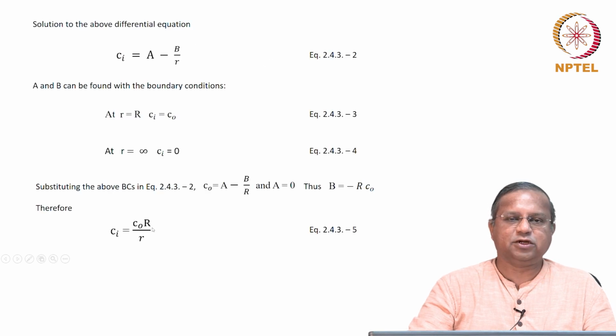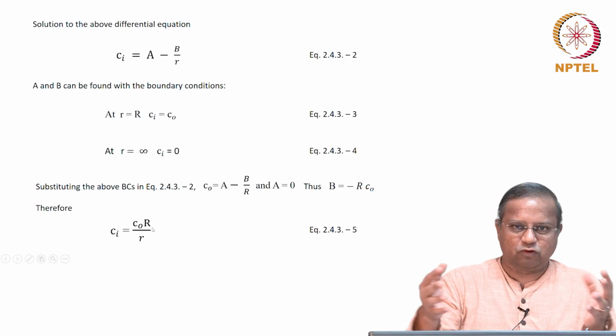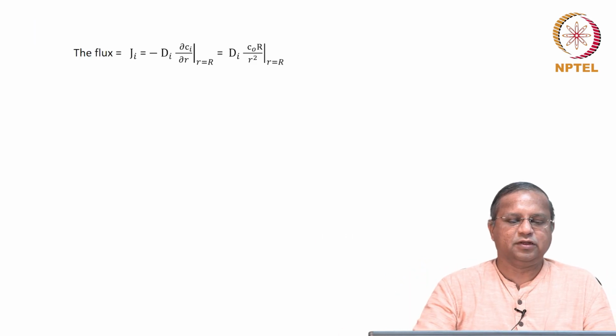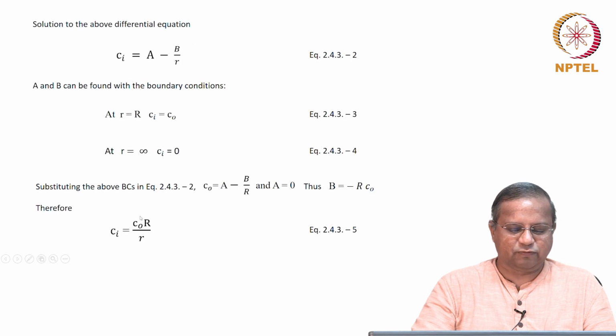We have the concentration profile. The movement is only through diffusion, and therefore, the flux is only a diffusive flux. Therefore, the flux J_i is given as D_i ∂C_i/∂r at r equals R. We have just derived an expression for C_i here, simple C_0 R by r.